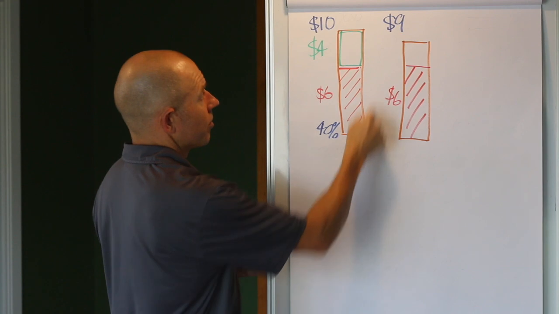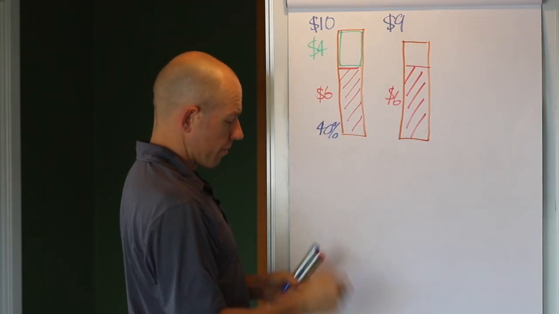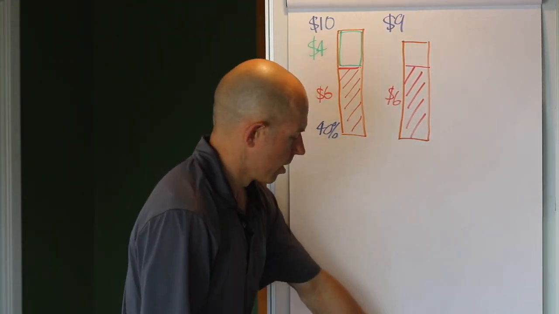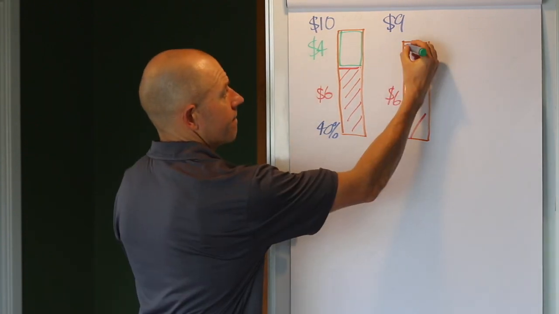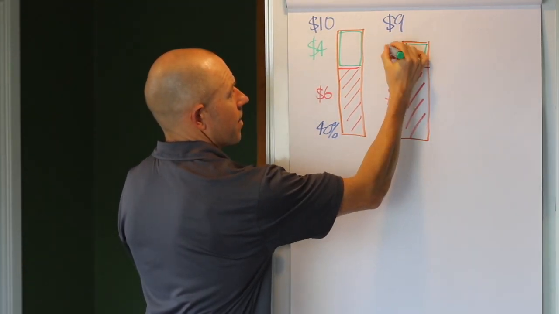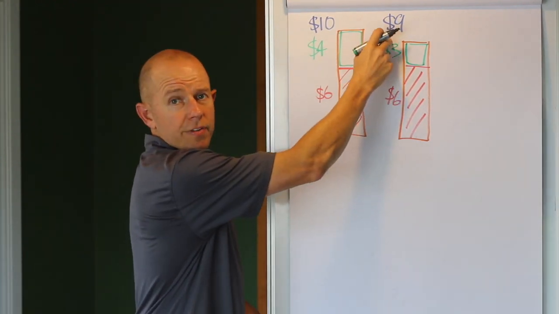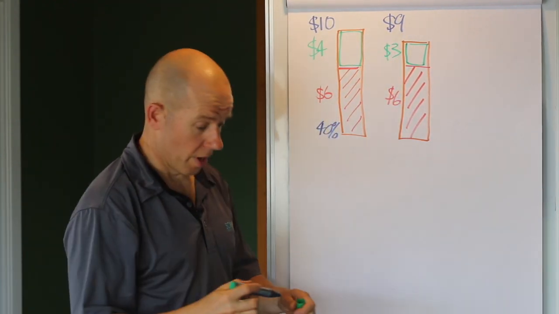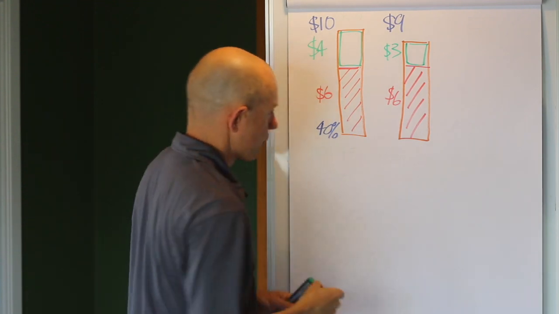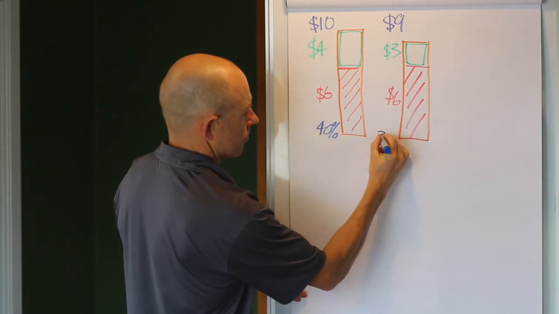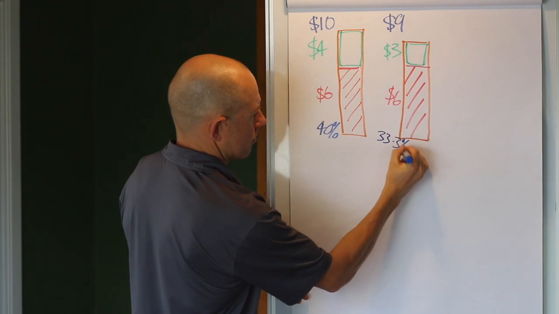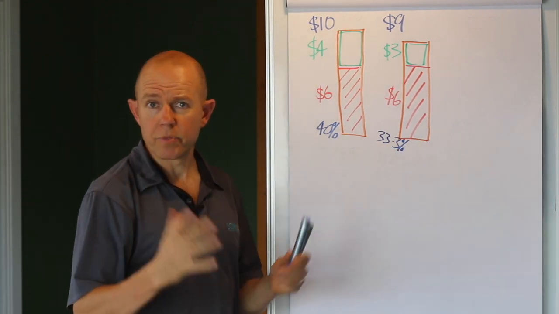And now, with 6 away from 9, we've got $3 left over in profit. So now 3 as a percentage of 9 is a third, right? It's 33.3%. Okay, you might be thinking, so what?